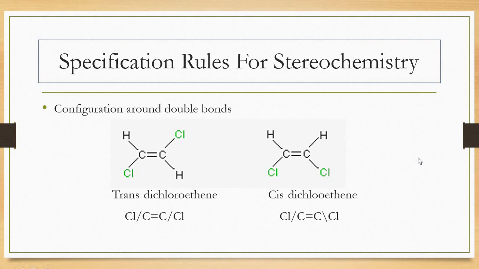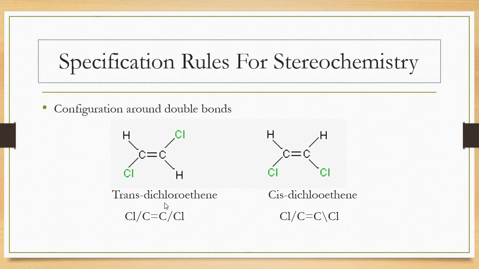Now the specification rules for configuration around a double bond, and it is specified by using these kinds of characters. These characters are the forward slash and the backward slash. So we can use a forward slash and backward slash to represent the configuration around the double bond.